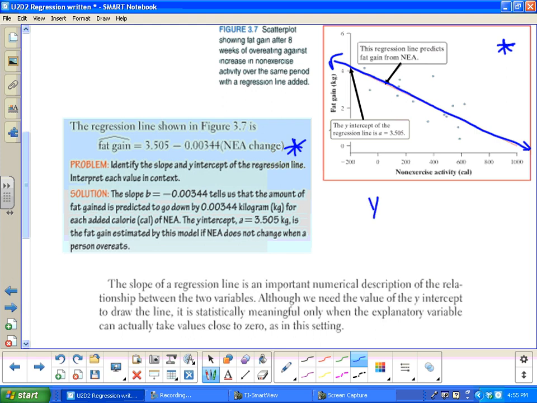So you could say y hat is equal to 3.505 minus 0.00344x, but then you would have to say that y is fat gain and x is NEA change.